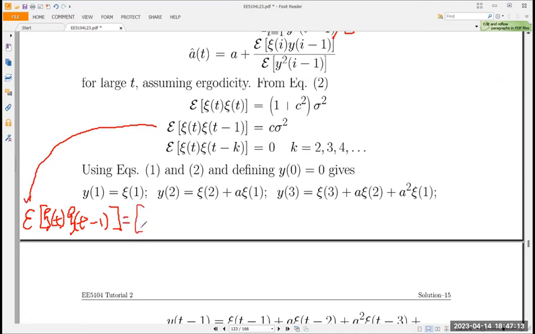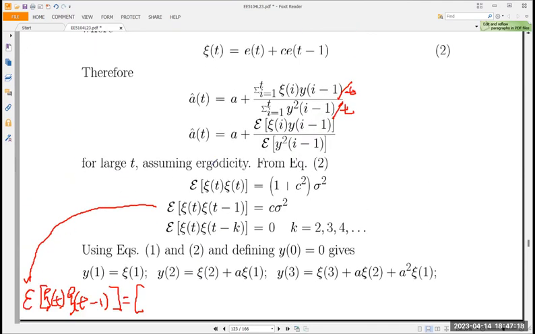Zeta t would be this one here, so it is e_t plus C e_t minus 1.